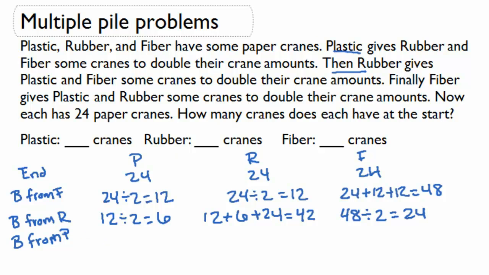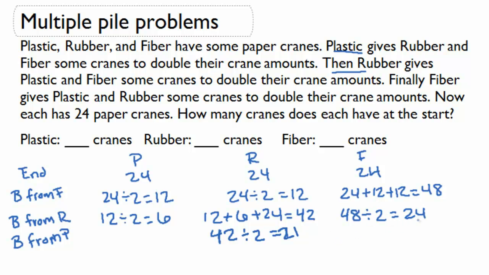Before the transfer from plastic, here we can see that plastic gives rubber and fiber some cranes to double their crane amounts. So, if we look at rubber, rubber has 42. But before he doubled his amount to get to 42, he would have had half that many, which would have been 21.